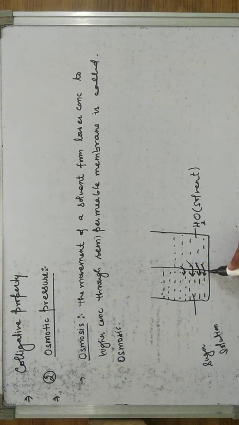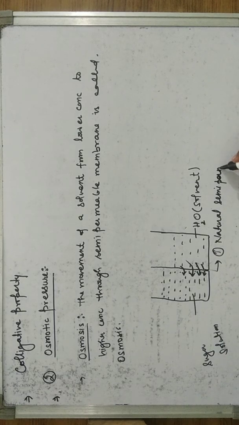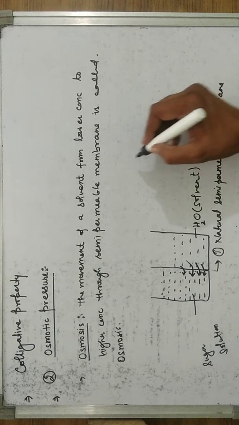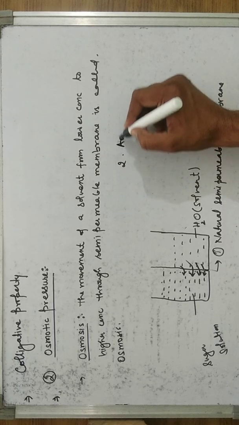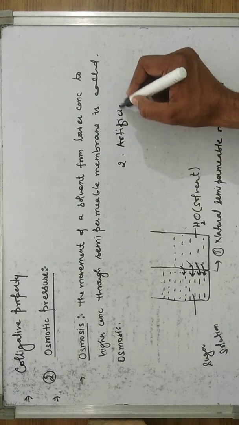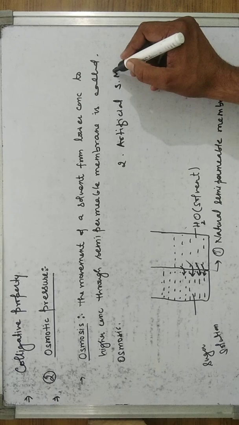It always takes place through a semi-permeable membrane, and it allows only movement of the solvent molecules from lower concentration to the higher concentration. This semi-permeable membrane is of two types. First is the natural semi-permeable membrane, and second is the artificial. We generally use artificial semi-permeable membrane.